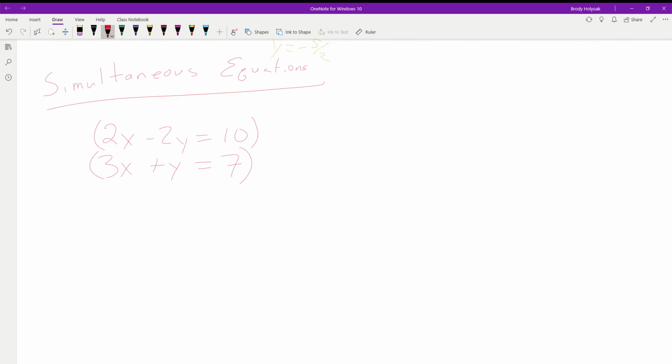So we need to get one of them as positive 6x and one of them as a negative 6x. What do we need to do to this top one to get positive or negative 6x? We just have to choose. Times 3. So if we're multiplying this one by 3, this one we have to multiply by a negative 2, because we want same magnitude, opposite polarities.